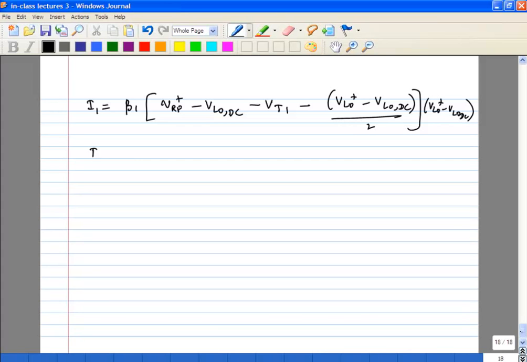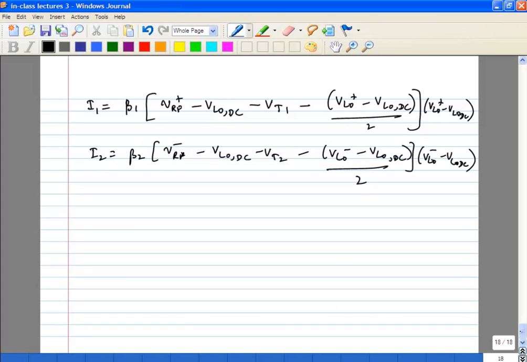Similarly you can write I2, so it will be VRF minus, and similarly you can write I3 and I4, in terms of the currents and voltages.